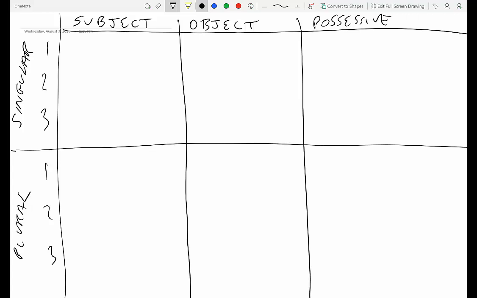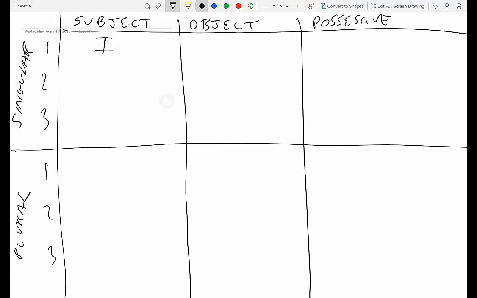So let's start with the first person singular subject form. And the first person is I. And this is a subject form because I is the subject of a sentence. I go to the store, I go to class, I read a book, I drive my car, whatever it's going to be, I is the subject.